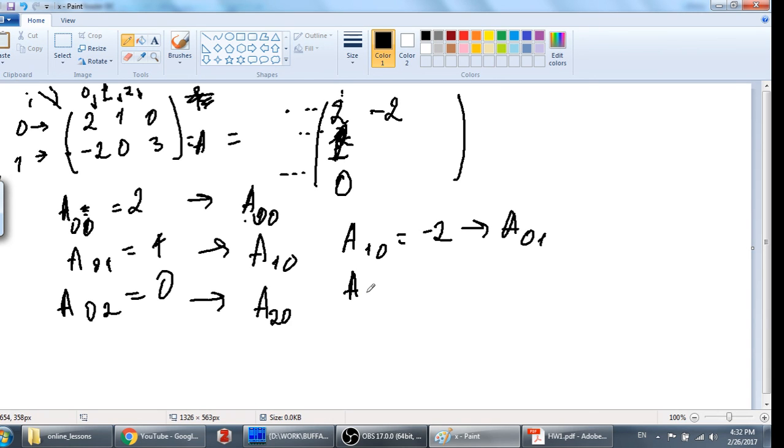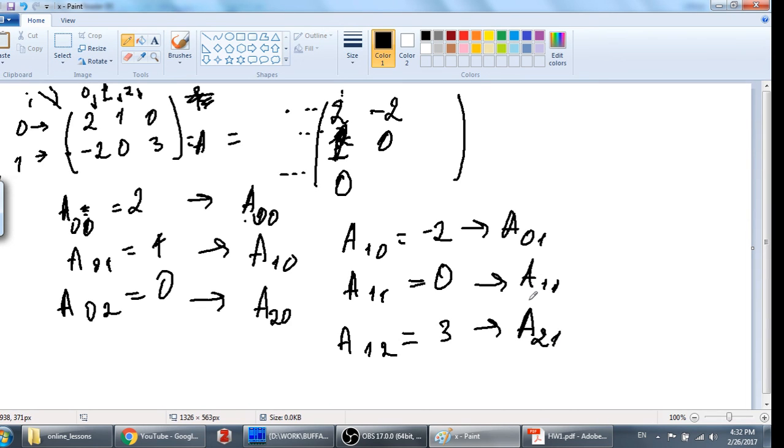Then A 1, 1, which is 0, will go to A 1, 1, nothing changes, but it becomes here. And then finally A 1, 2, which is 3, will go to A 2, 1. So 2, 1 is here, and that's 3.